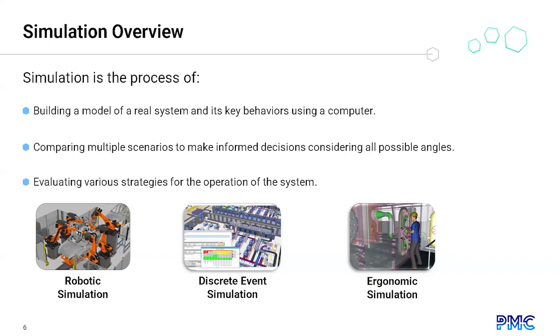We have different types of simulation. It can cover a wide range of fields like manufacturing, healthcare, robotics, ergonomics, logistics, and much more. But during this webinar, our focus will be on robotic simulation, discrete event simulation, and ergonomic simulation.